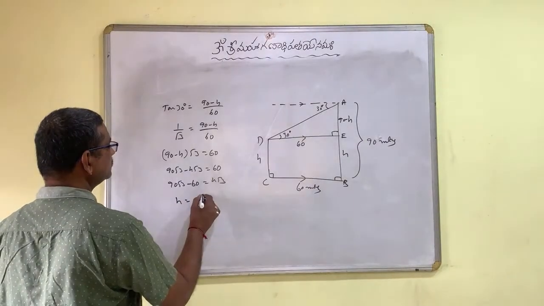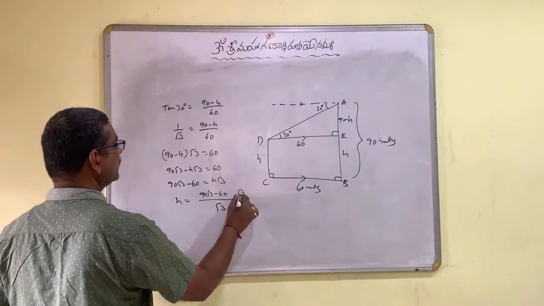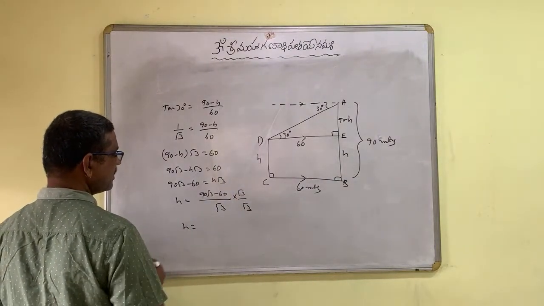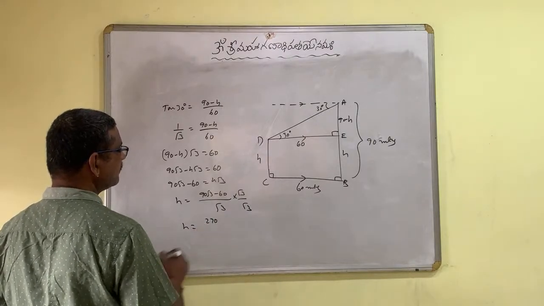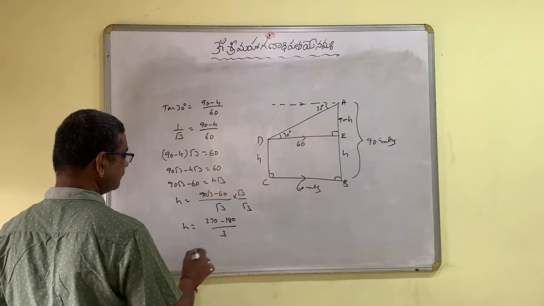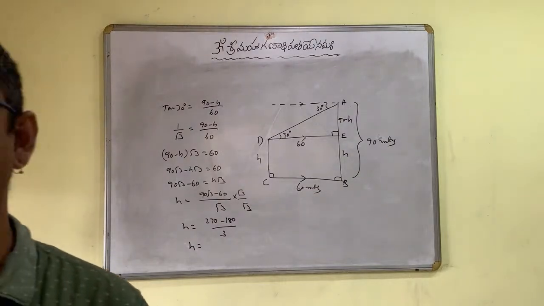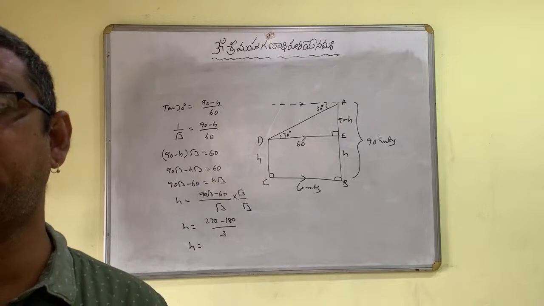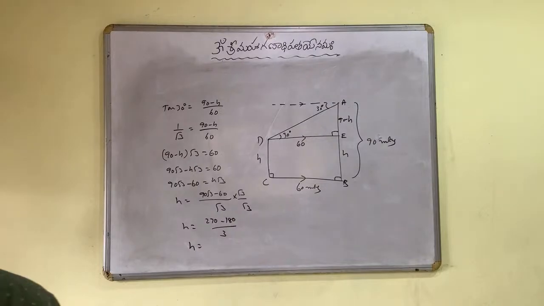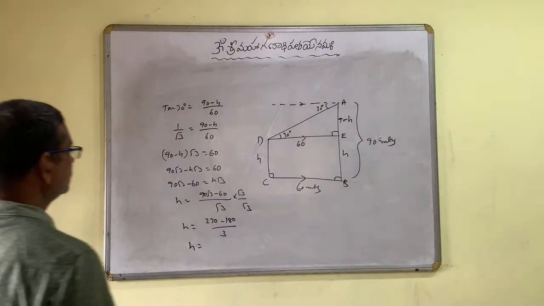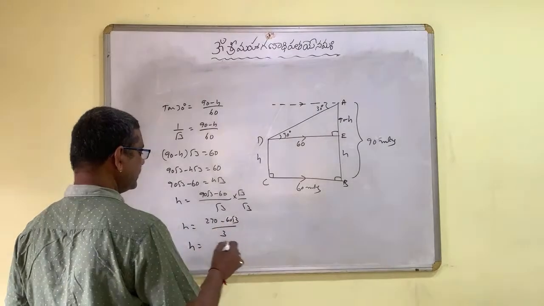Then h is equal to 90 root 3 minus 60 by root 3, into root 3 by root 3. 90 into 3 is 270 minus 60 root 3 by 3.